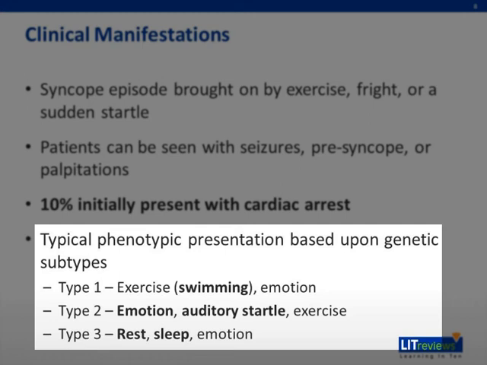Emotion, auditory startle, and somewhat exercise are associated with long QT type 2. For type 3, it is actually rest, sleep, and then less emotion that causes cardiac arrest or syncope.